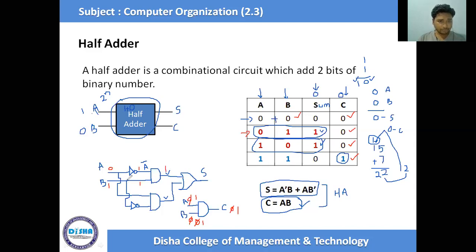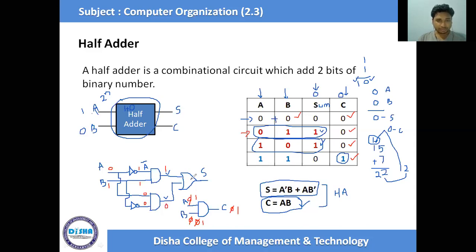This B is 1 and becomes 0 because this NOT is connected here. But here A is 0, and this A is directly connected to this gate, so this AND gate receives 0 and 0 as its input and produces 0.